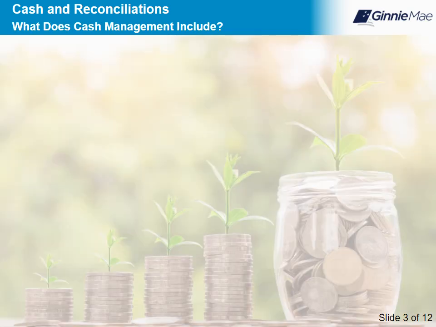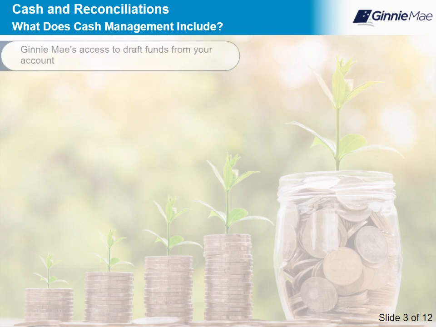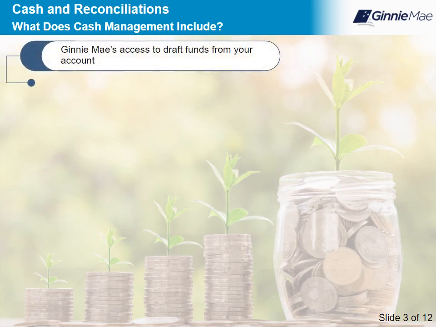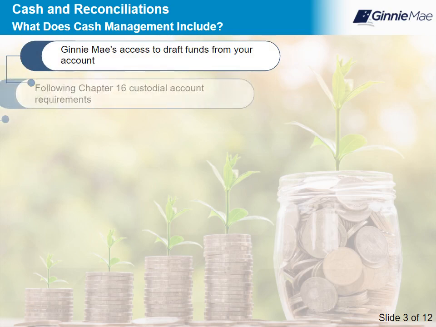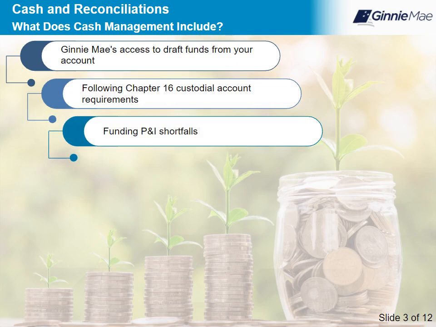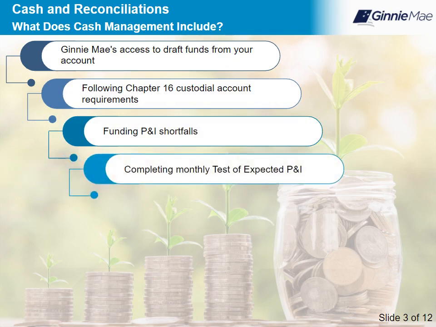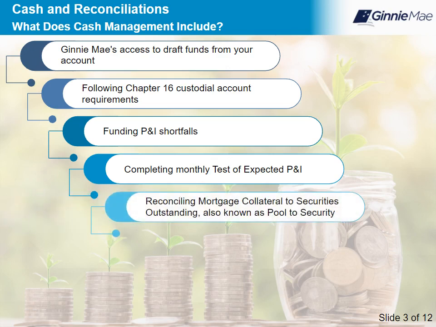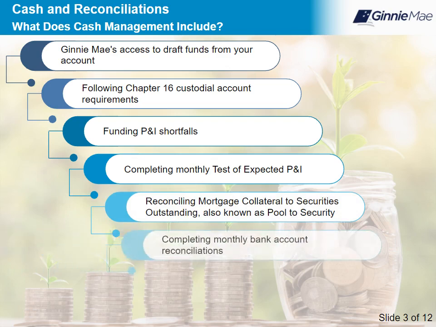Cash management includes the following: Ginnie Mae's access to draft funds from your account, following Chapter 16 custodial account requirements, funding P&I shortfalls, completing monthly test of expected P&I, reconciling mortgage collateral to securities outstanding, also known as pool to security, completing monthly bank account reconciliations.